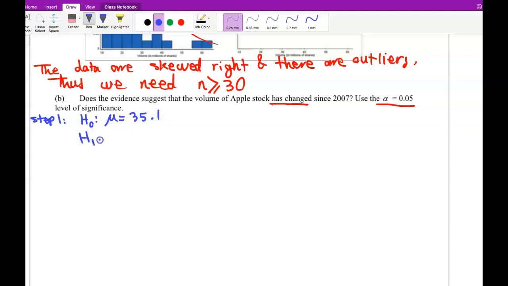And for the alternative, since we have "has changed," it's asking if the mean is changing. We don't have any words about increasing or decreasing, so I need to use "is not equal to" this number.